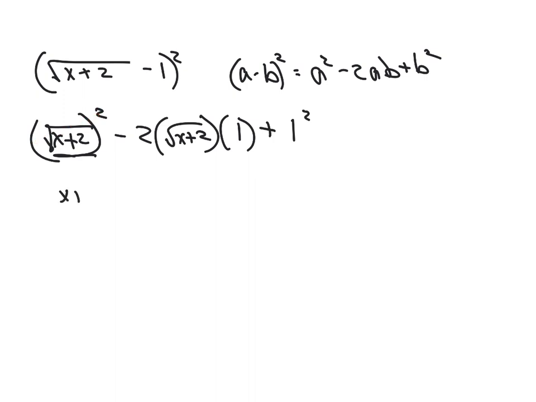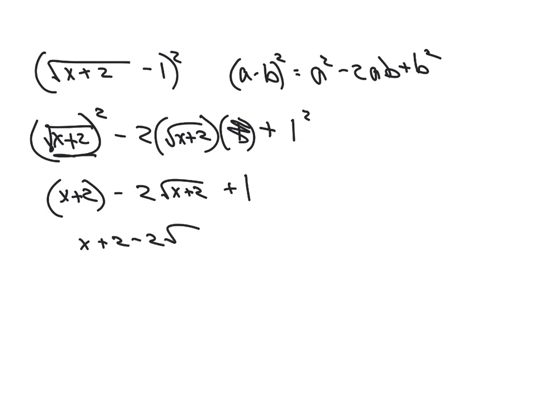Doesn't matter what's under it. Okay? Just leave that in parentheses. Minus 2 square root of x plus 2. We don't need to show that because it's just times 1 plus 1. All right, so now we've got x plus 2 minus 2 square root of x plus 2 plus 1.